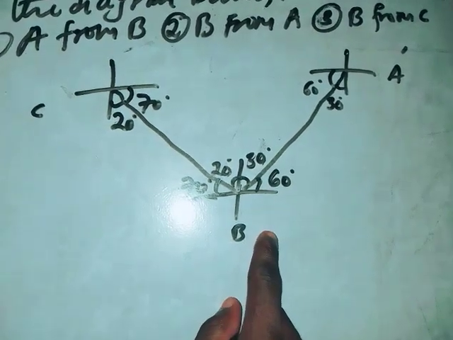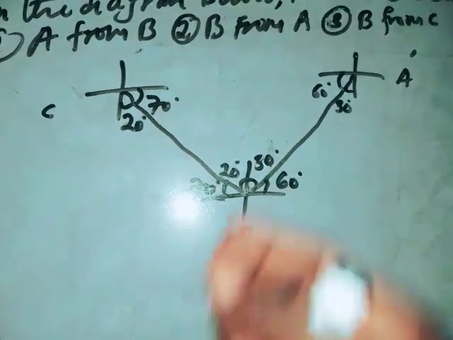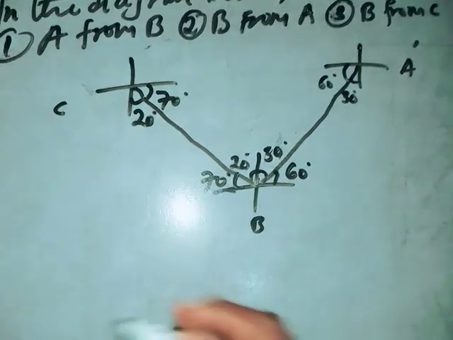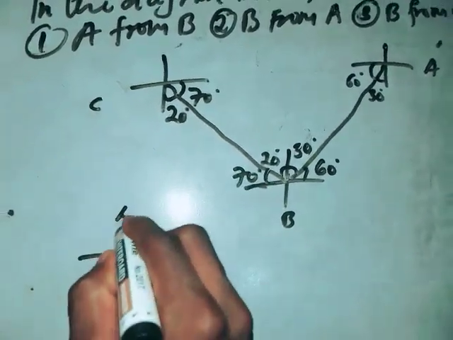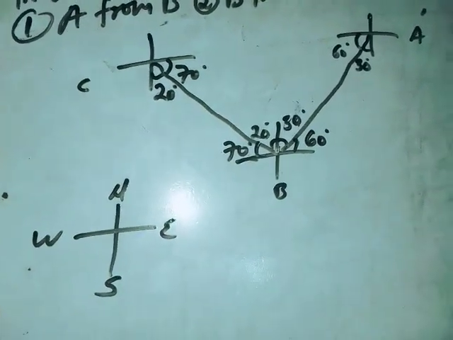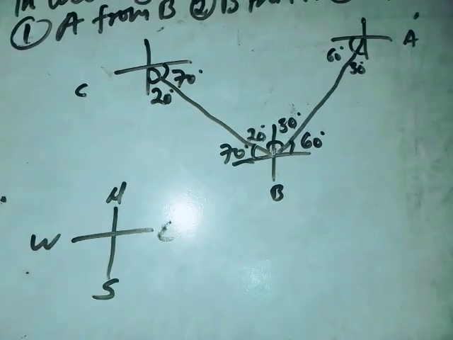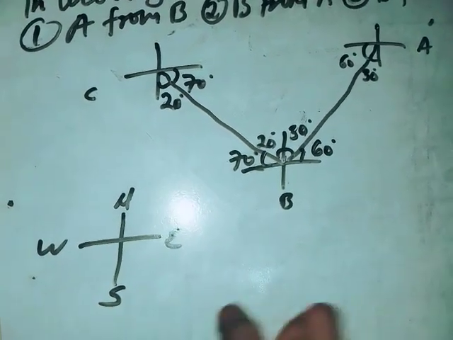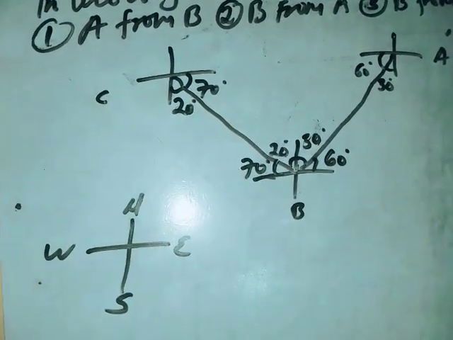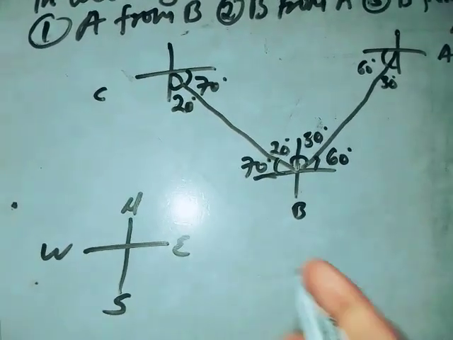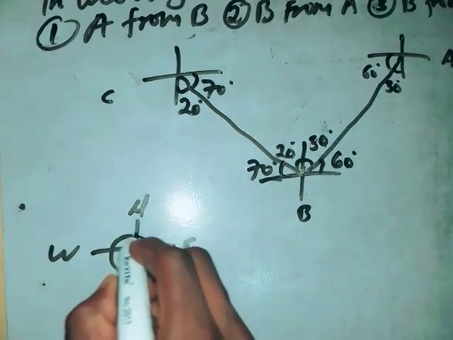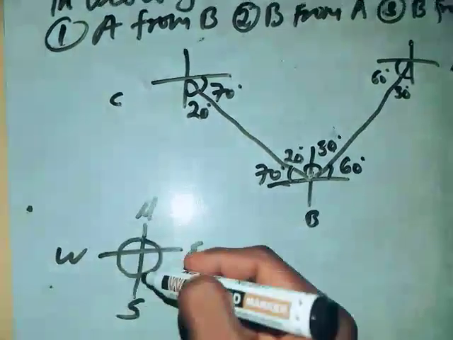And to find the bearings from another point, you need to start from the north pole. What is north pole? I drew something like this the other time I taught you. This is north, south, west, and east. So to find the bearings of any point, you need to start from the north pole, turning in a clockwise movement. When I say clockwise, you turn it to your right hand side. That is your clockwise movement.